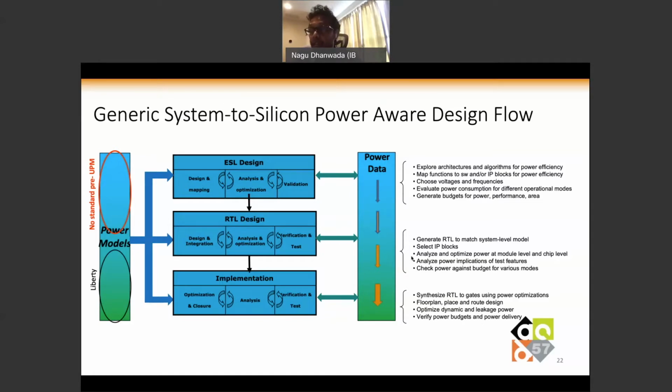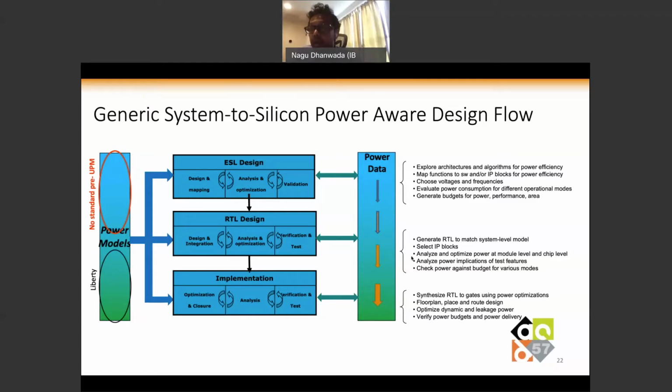And for these activities to be effective, power data and power sensitivities to the various modes, stimulus, etc., are really required, right? So clearly, in the overall flow as it stands, there is a lack of high-level power modeling capabilities, a lack of standards for high-level modeling, and a lack of models that can actually work easily across these ESL, RTL, and implementation stages, right?